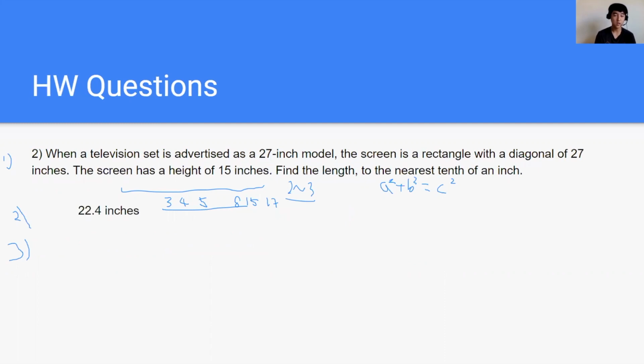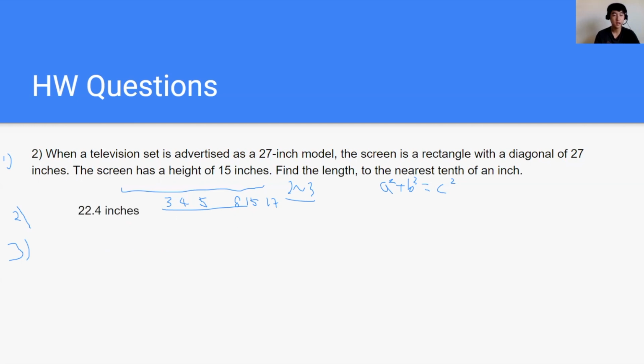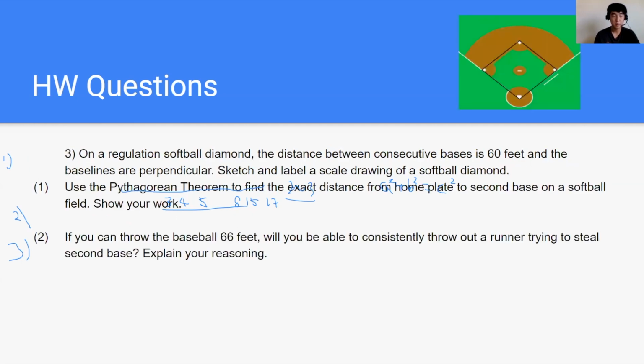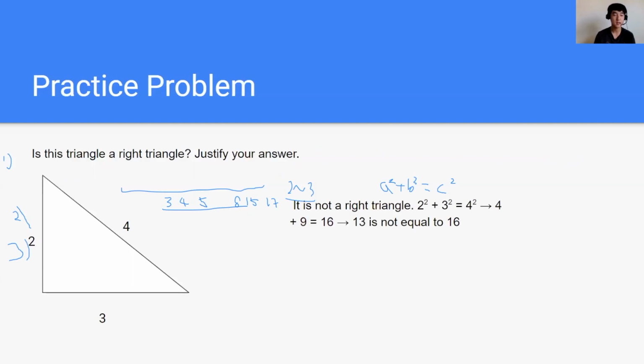These word questions are kind of challenging, but the basic problems like this are much easier.